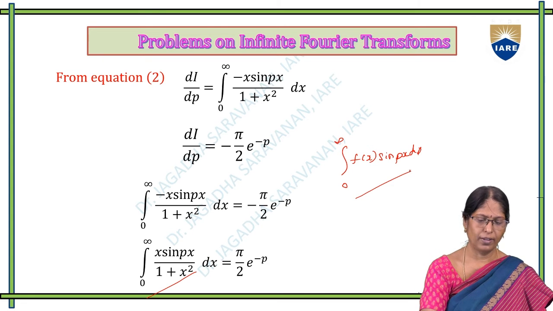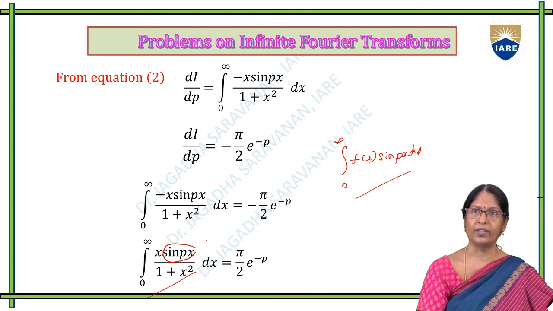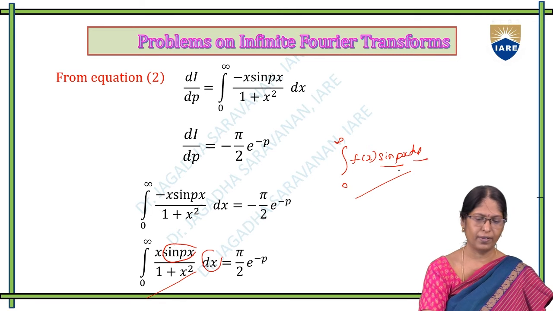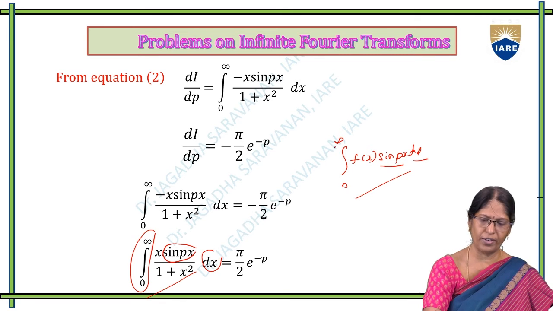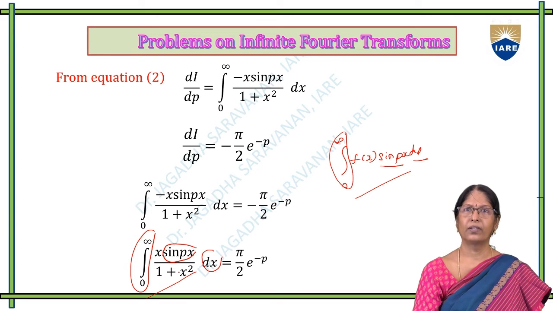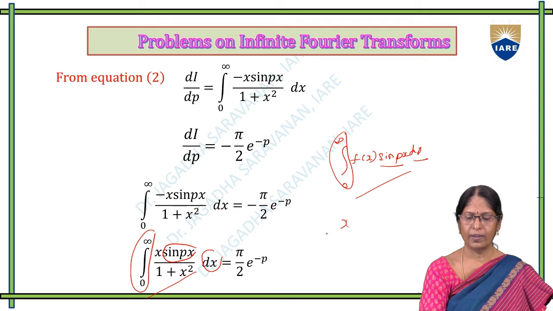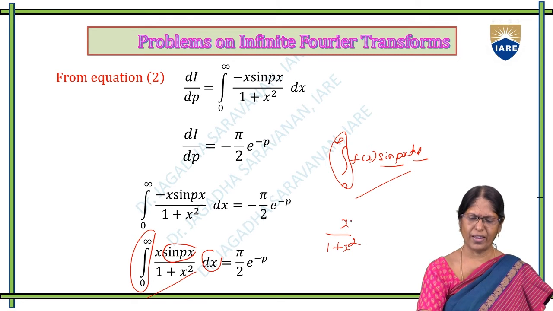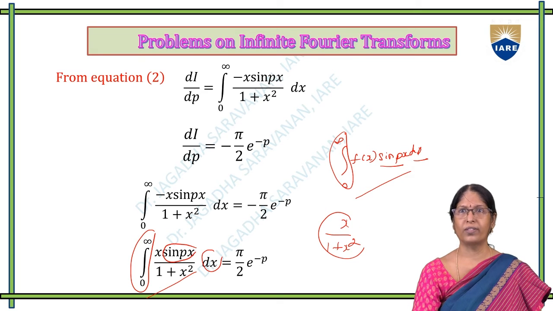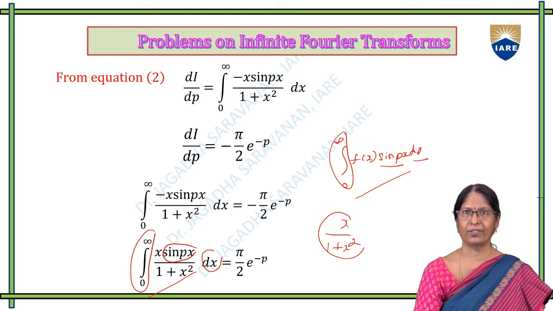That is, sin px is there, dx is there, and 0 to infinity is there. The left is x by 1 plus x square. This exactly fits the second part of the problem. What is f of x?